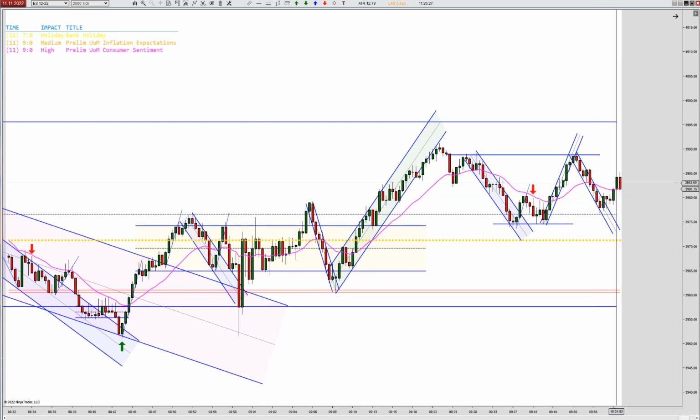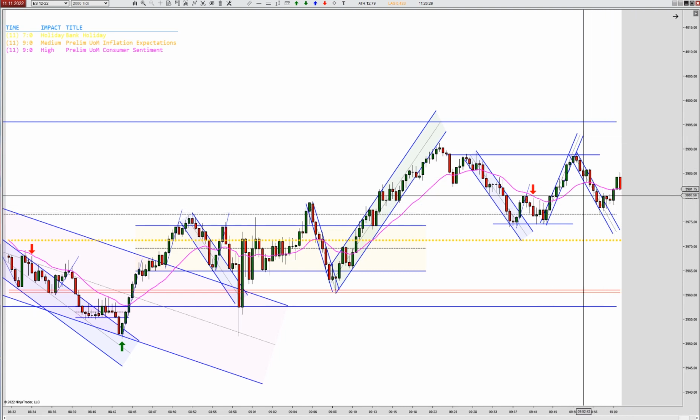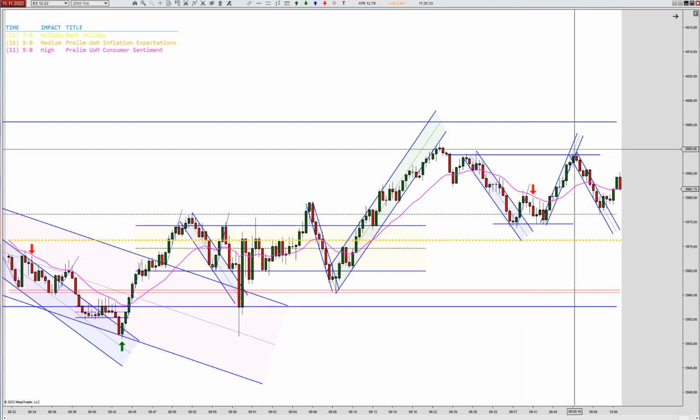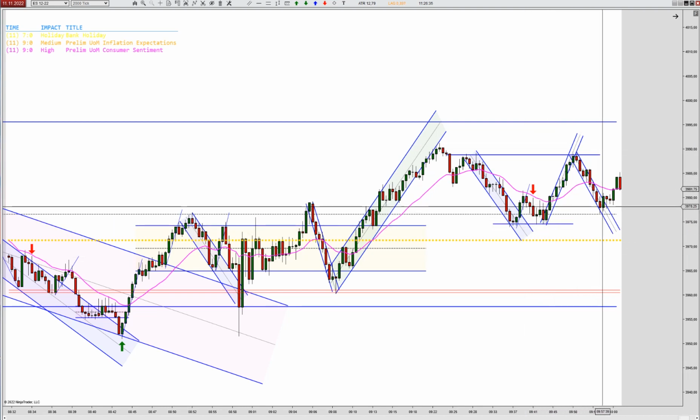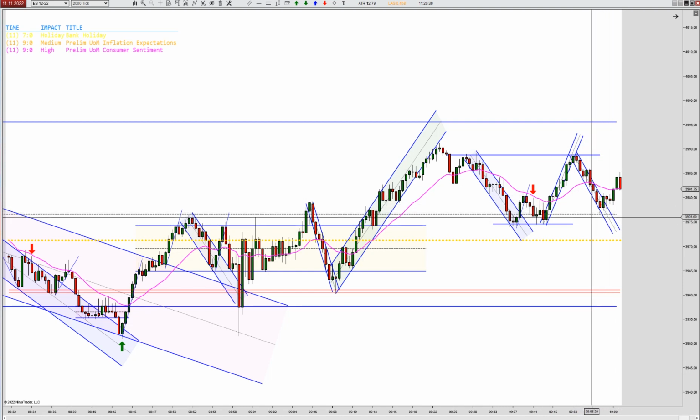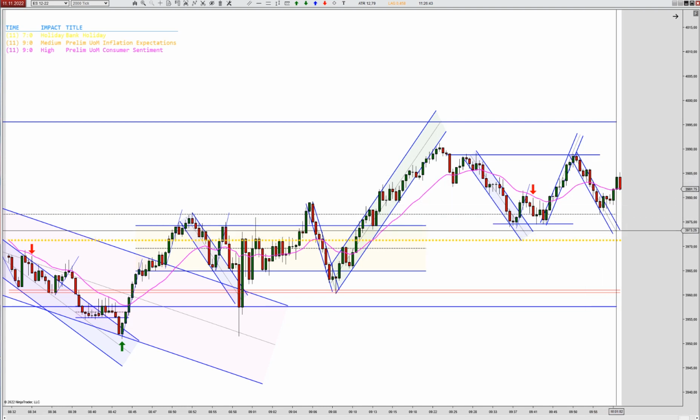Another push higher. You can see this back and forth. We're going lower here, going higher here, going lower again. When this happens, then I just wait and see what's going on, because I have no idea how to play this.